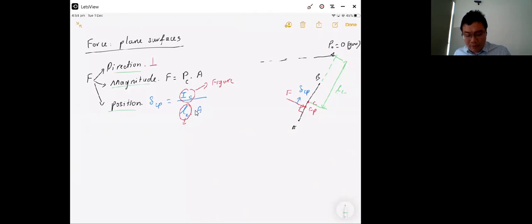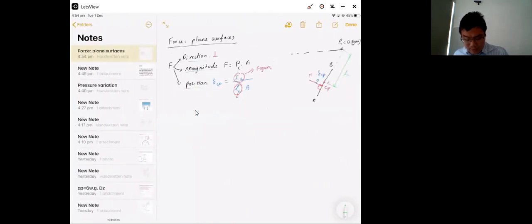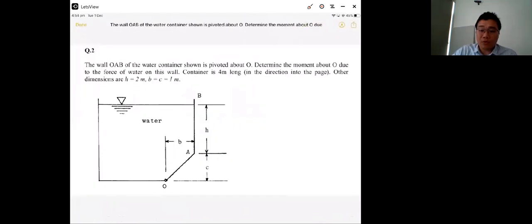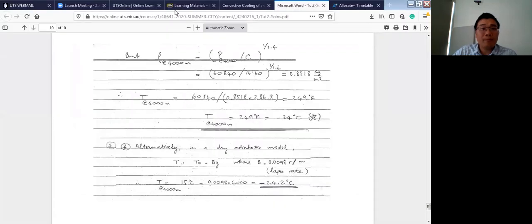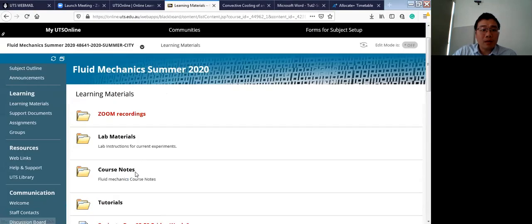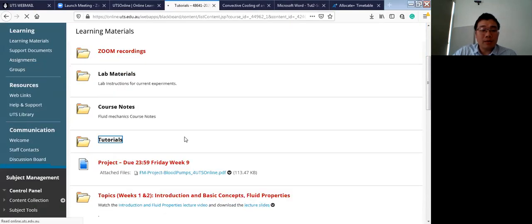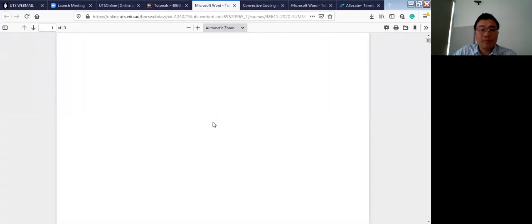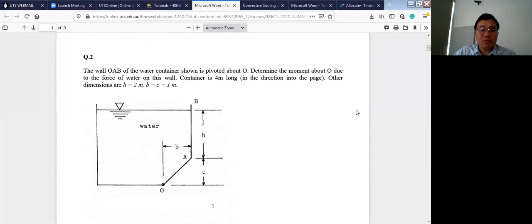So we will apply this to a question. This one is a question in tutorial 3. Question 2 in tutorial 3, force on plane surface.